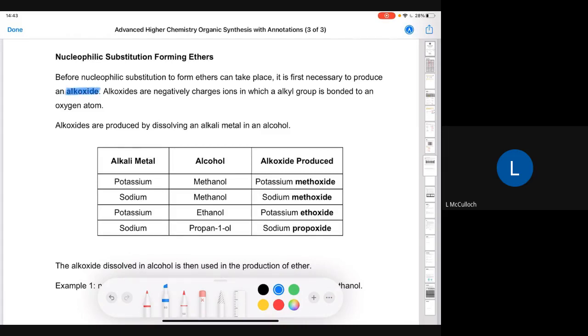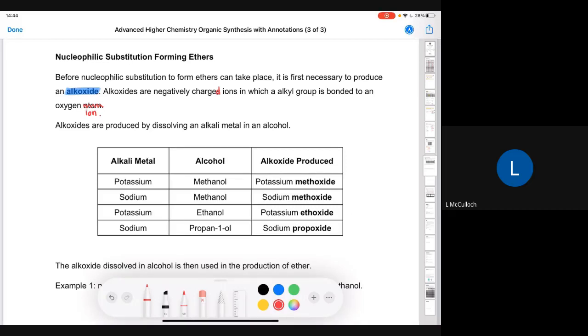Alkoxides are negatively charged ions in which an alkyl group is bonded to an oxygen atom. I guess we could actually probably change that to oxygen ion, it's probably a wee bit more descriptive.